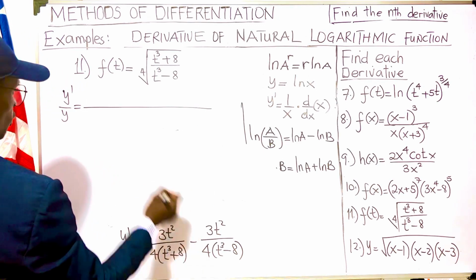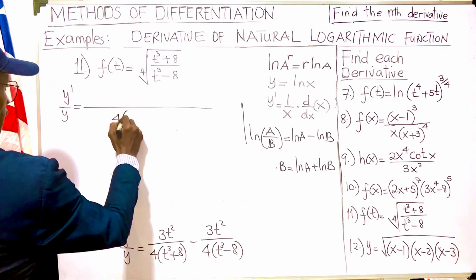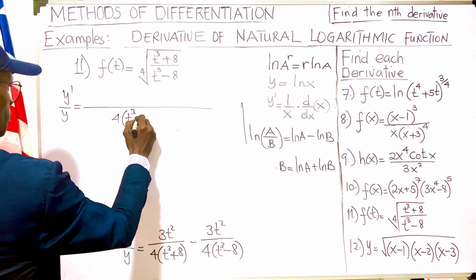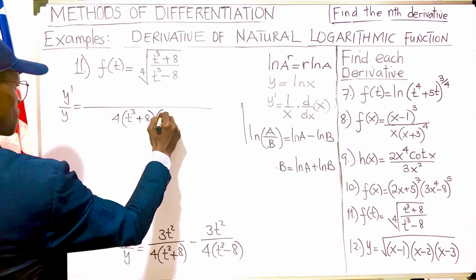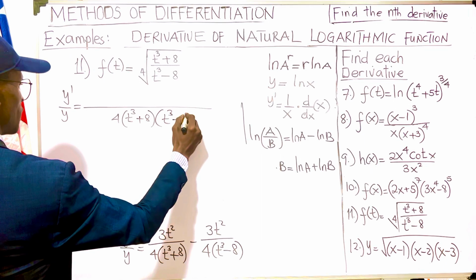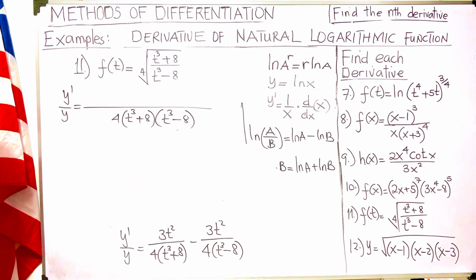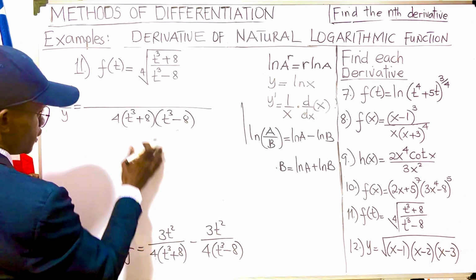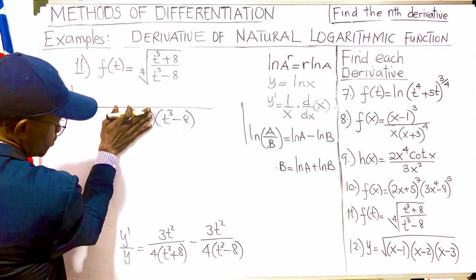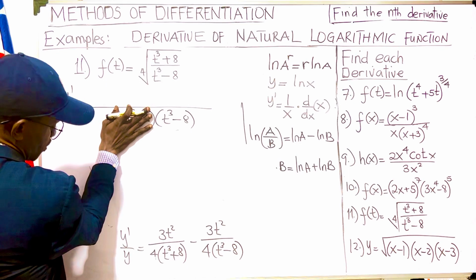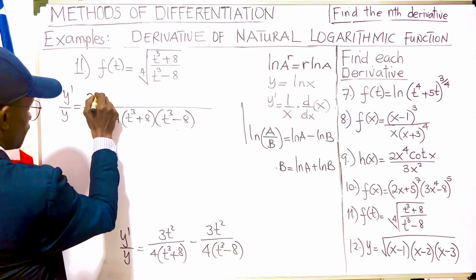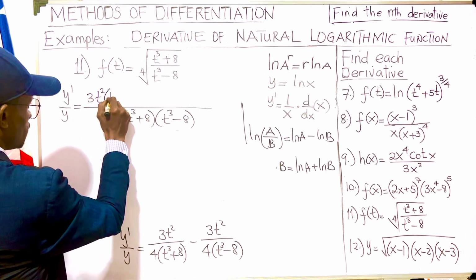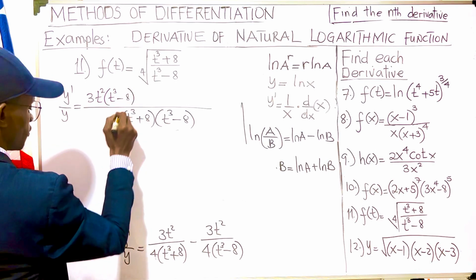Now we have 4 in both, so we just take one of them, and then you have t cubed plus 8 times t cubed minus 8. Now, if this goes into this denominator, this and this will cancel, and you'll be left with t cubed minus 8 times the numerator, so it's 3t squared times t cubed minus 8.